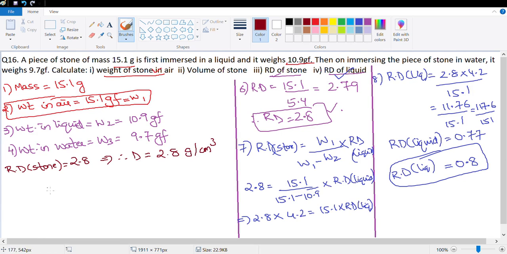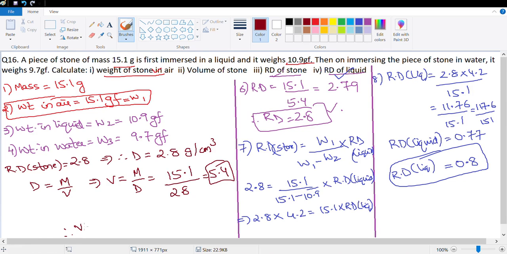We know density is equal to mass upon volume, which means volume will be equal to mass upon density. In that case, 15.1 upon 2.8, which is nothing but the same calculation which we did, which will be 5.4. Therefore, volume is equal to 5.4 centimeter cube.